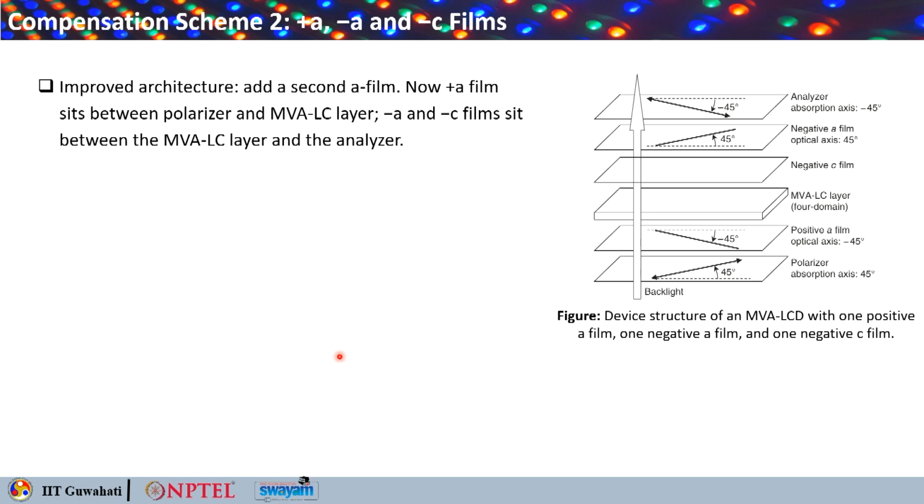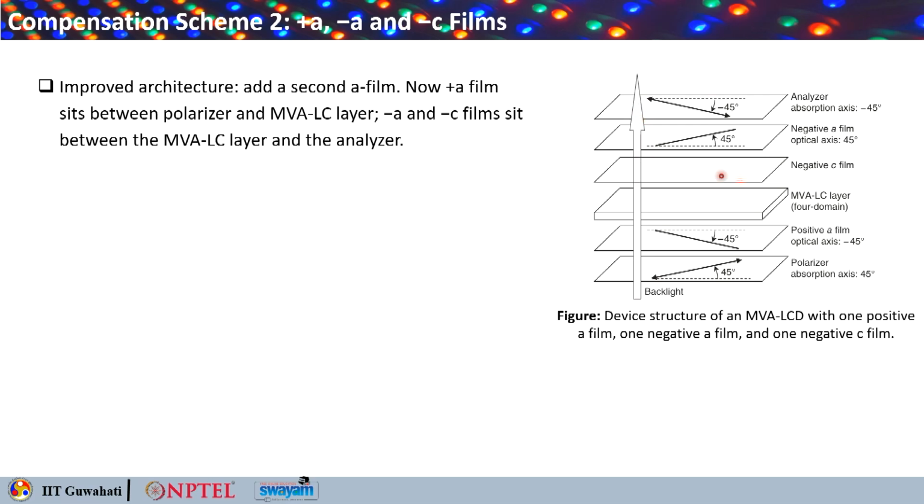Okay, so here is an improved architecture that adds a second A film. You are now adding another A film, a positive A film, that sits between the polarizer and the liquid crystal layer.